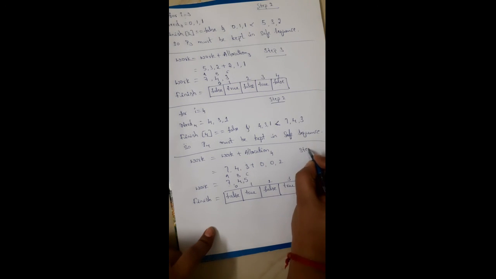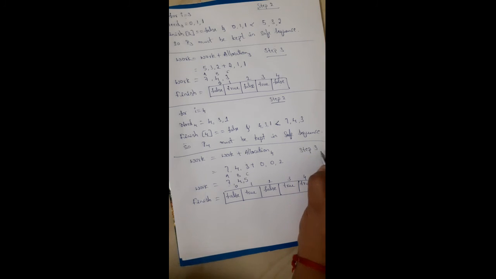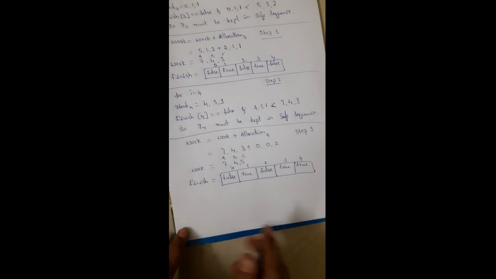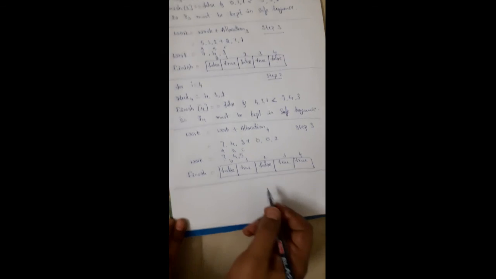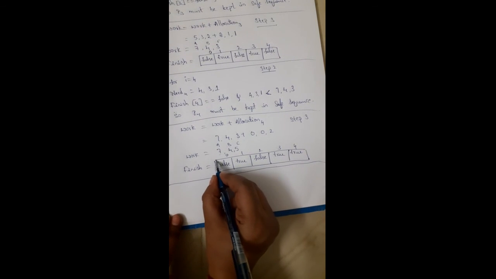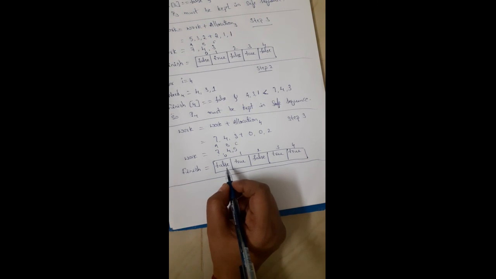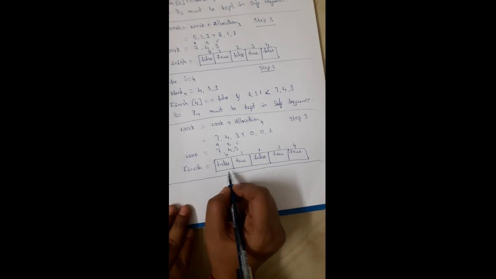This is step 3. Yes. Now for us done, right? Now the next thing is, again we have to consider the processes which are not yet assigned with the required resources.